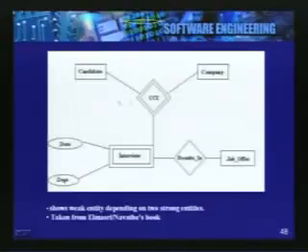Now in this particular diagram, can we represent the same in a different way, and will it convey the same meaning? For example, can I have a ternary relationship between candidate, company and job offer? Right? So replace all of this by a single ternary relationship.